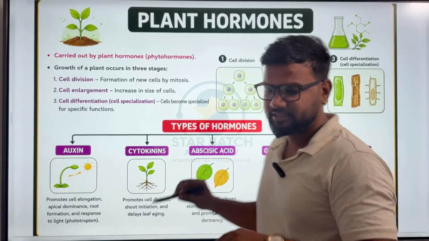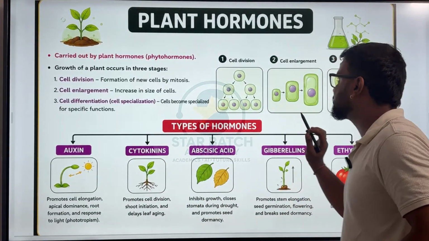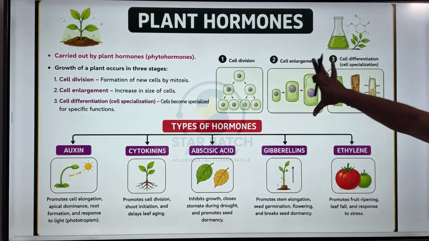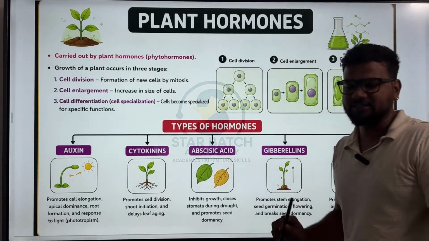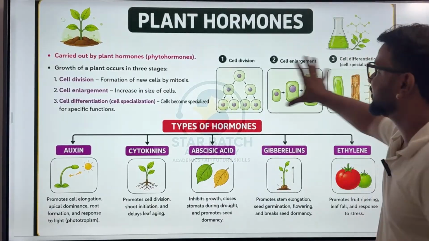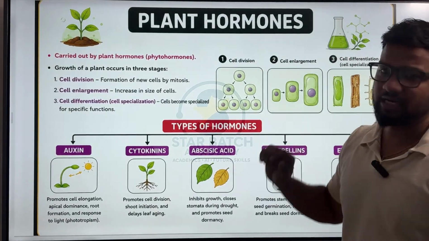So cell division, cell enlargement and cell differentiation are the 3 growth stages.